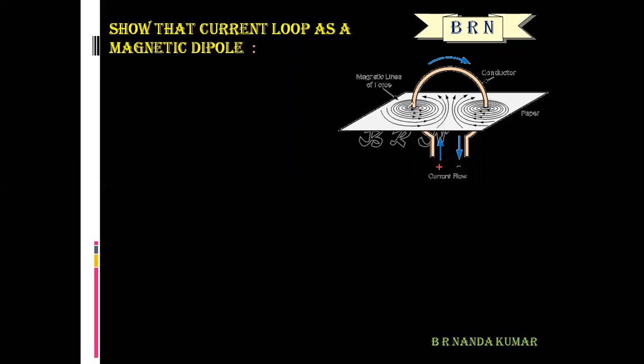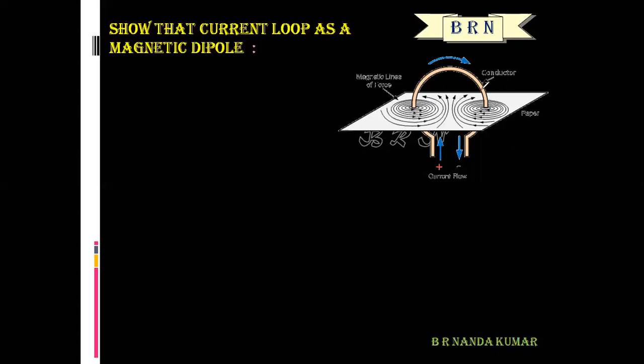The fingers encircle, which gives the direction of magnetic field lines around the current carrying wire. So here the magnetic field lines are anti-clockwise because the current is flowing vertically upwards.